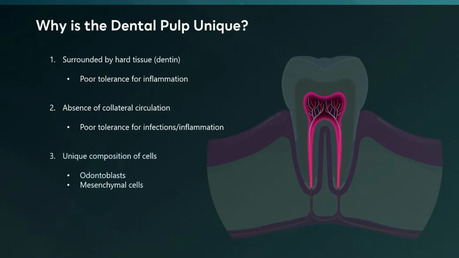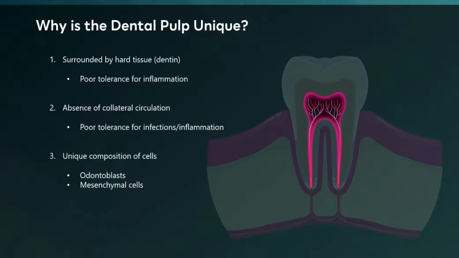Okay, the last point I want to mention touches on the unique composition of cells within the pulp. Undoubtedly, this is what makes the dental pulp special. We have unique hard tissue secreting cells. We have odontoblasts, which we all know are responsible for producing dentin, but we also have mesenchymal cells, which I like to view as the godparents of the pulp because they really step up to protect the pulp from injury when things go wrong, such as when a tooth becomes carious or is taking a beating from bruxism.